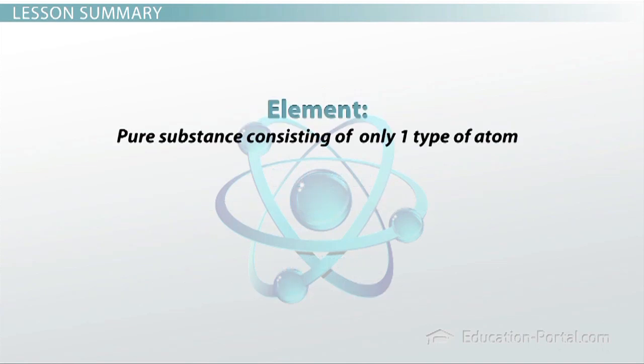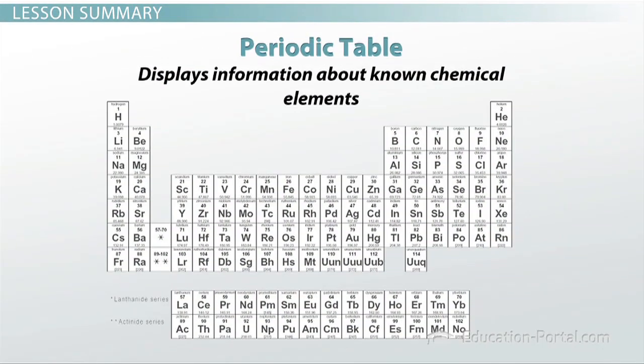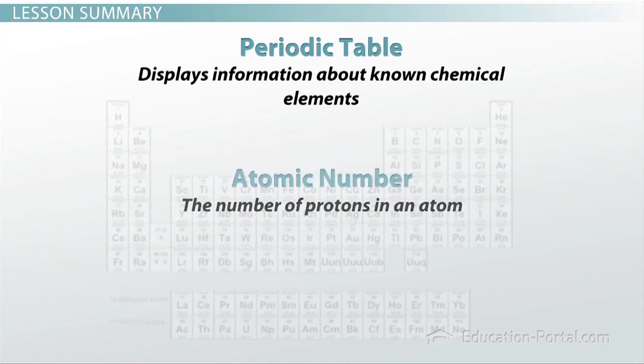An element is a pure substance that consists of only one type of atom, and elements are organized into something called a periodic table based on their atomic number. And atomic number is defined by the number of protons in an atom.